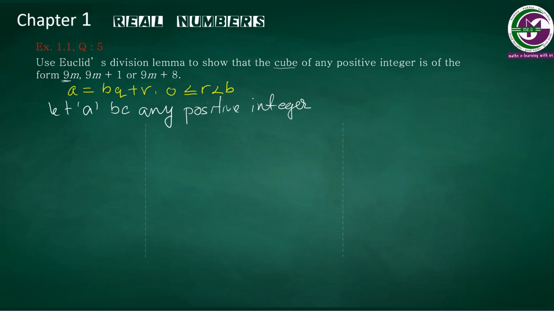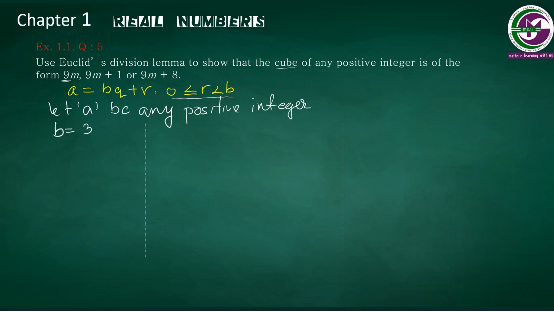The problem when you are taking b equals 9 is then the value of r will be 0 less than or equal to r less than 9, which means r value will be 0, 1, 2, 3, 4, 5, 6, 7, 8, and the problem will be very big. But if you're taking b equals 3, the value of r will be 0, 1, 2, and we'll get the answer also.